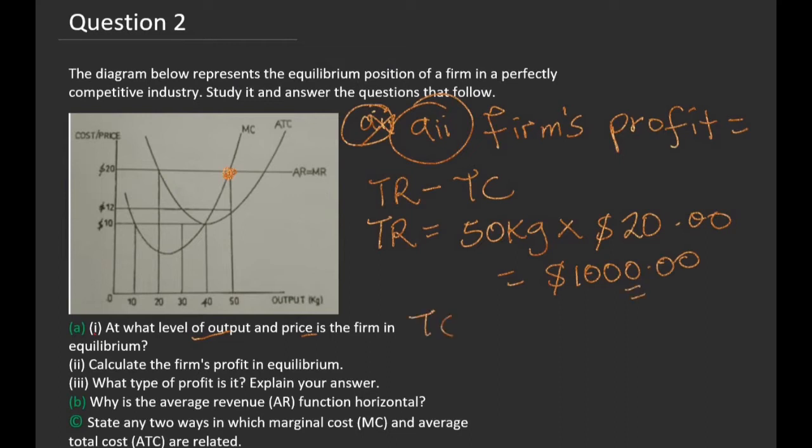TC, that's the total cost, is equal to 50 kg times $12. That's the total cost curve. This will give me $600.